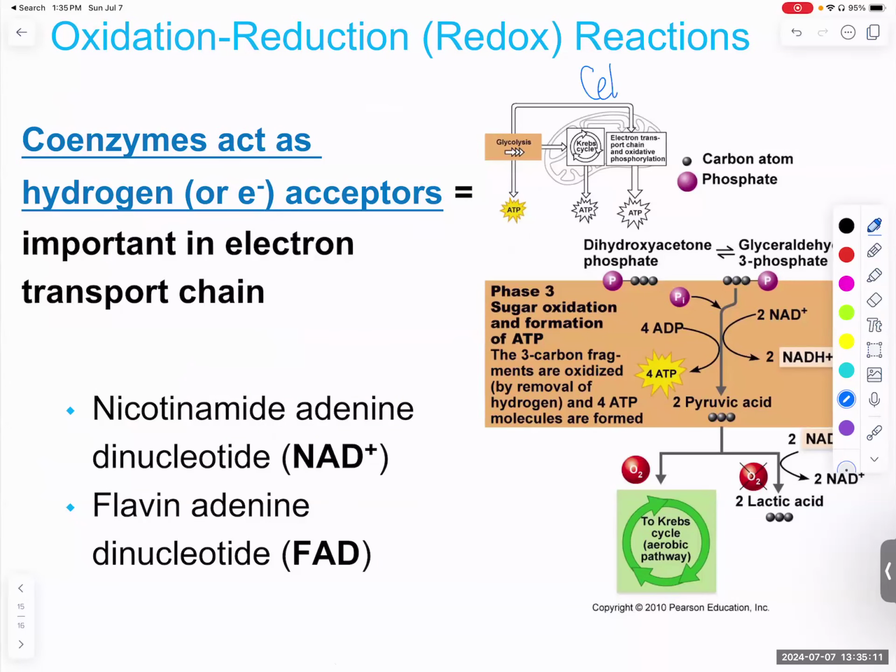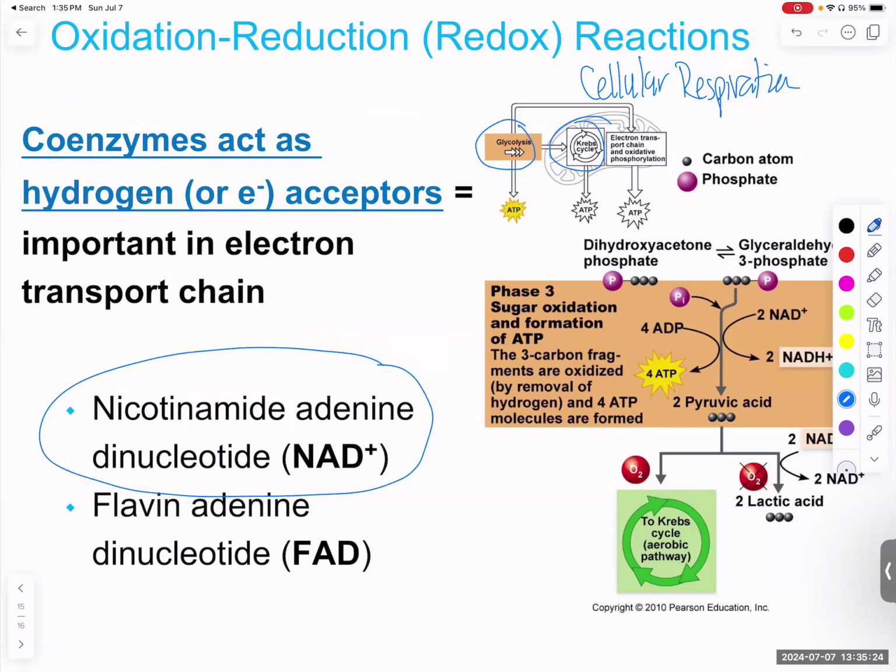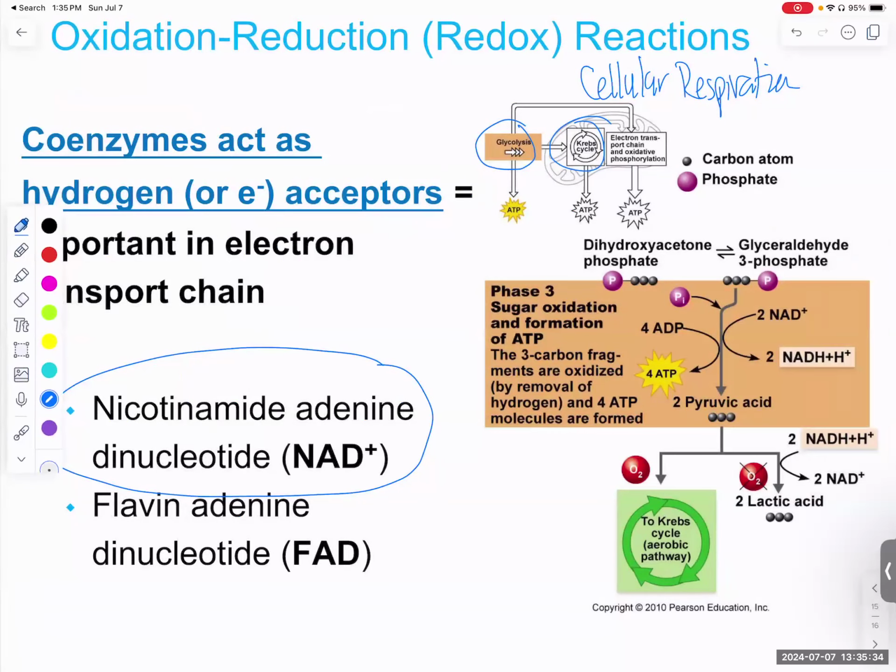And when we get into cellular respiration, in glycolysis and the Krebs cycle, we are constantly reducing the nucleotides nicotinamide adenine dinucleotide, or NAD, and flavin adenine dinucleotide, or FAD. And they are getting oxidized and reduced constantly.